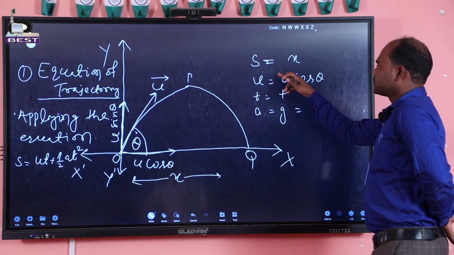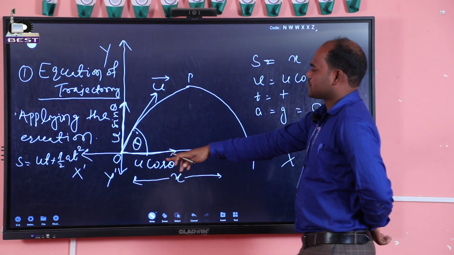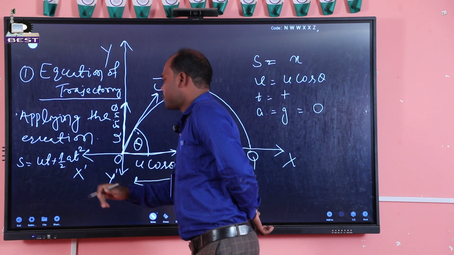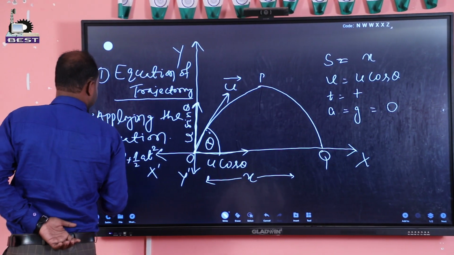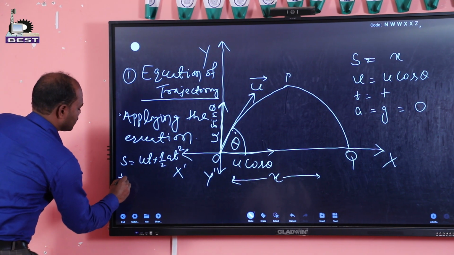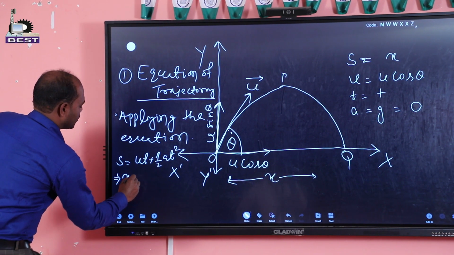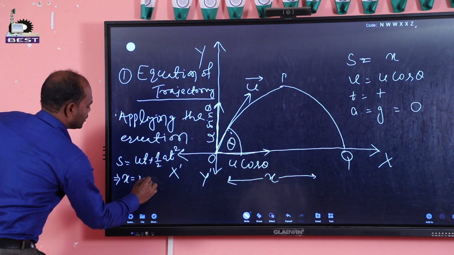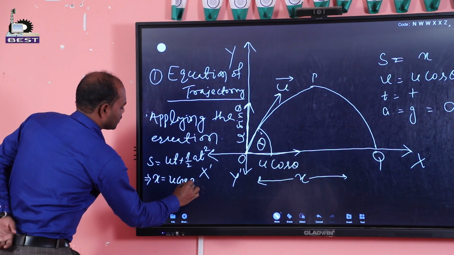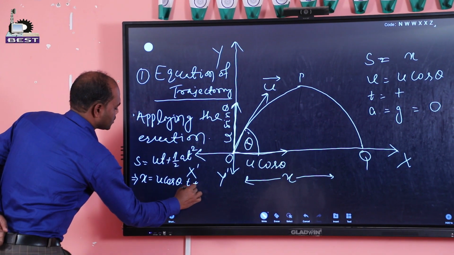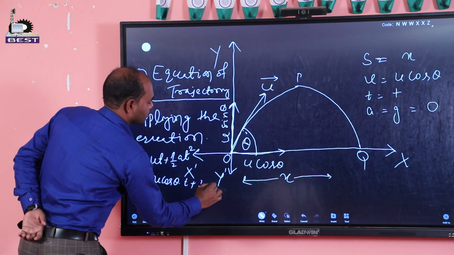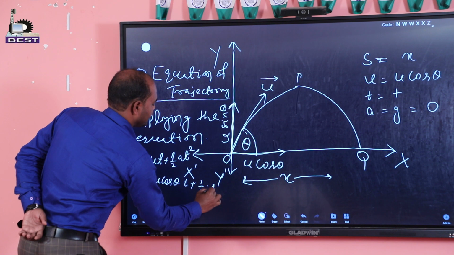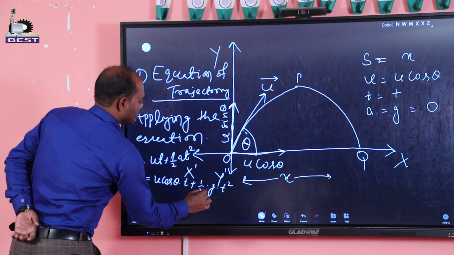Putting the values of s, u, t, a in the equation s equal to ut plus half at square, we get x equal to u cos theta into t plus half into g into t square.